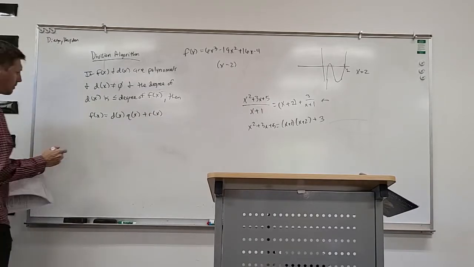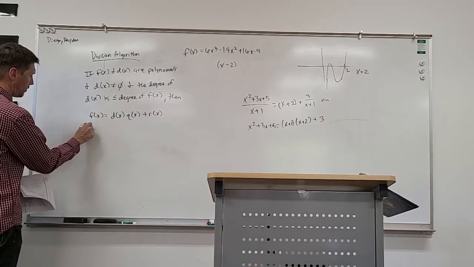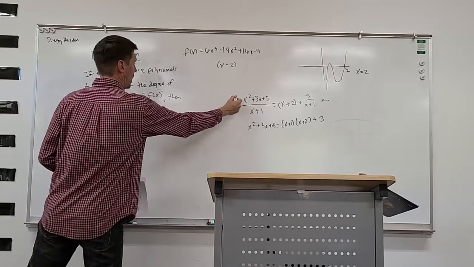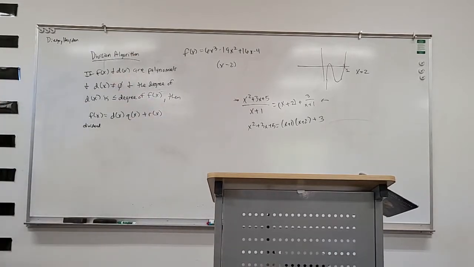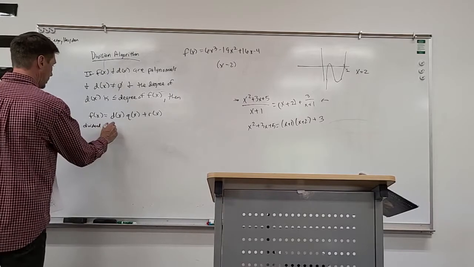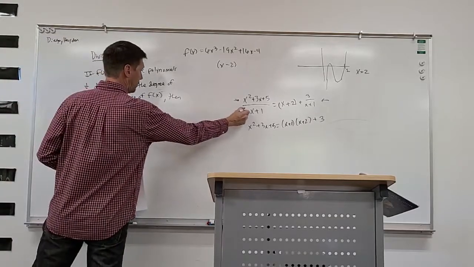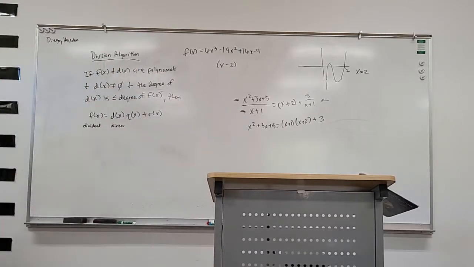And so for this problem here, this is for the division, this is our dividend, which is the number on top, if we write it in fractional form, right? This is our divisor. So this is the number on the bottom. Q of x is our quotient.